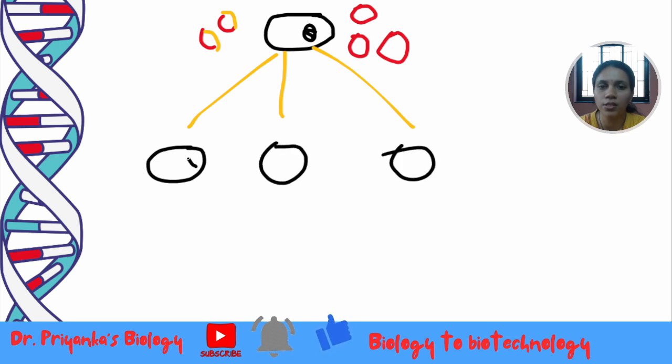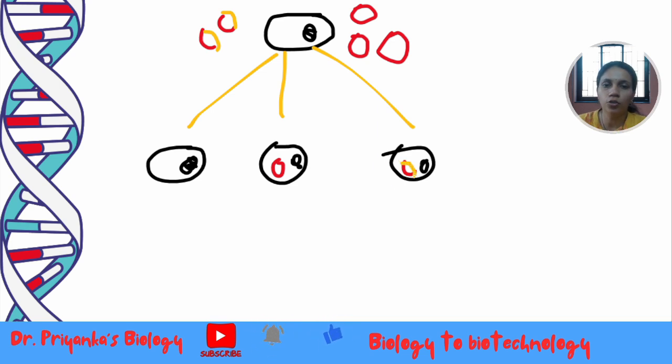The first condition is that no foreign DNA has entered inside the given cell. That means it is a non-transformant. And for the remaining two, one of the cells has taken up the non-recombinants, whereas the other one has taken up the recombinant DNA.